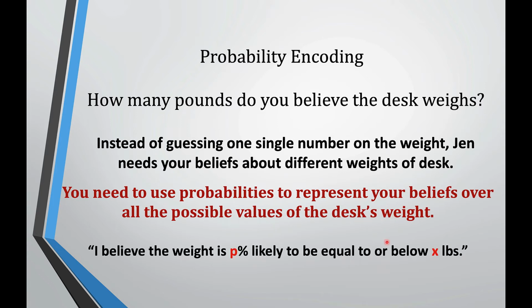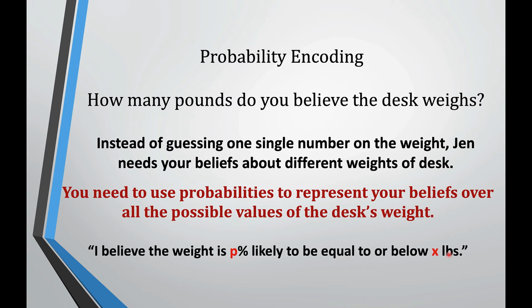For example, you need to give statements like this: I believe the weight is some percentage likely to be equal to or below X pounds. Before, we have already composed one statement like this. You believe the weight is 70% likely to be equal to or below 150 pounds.